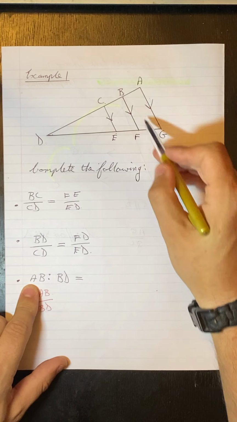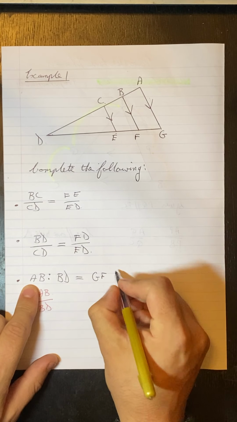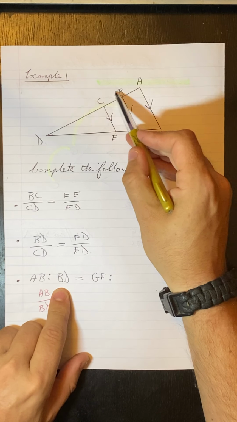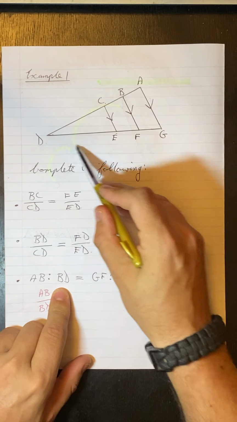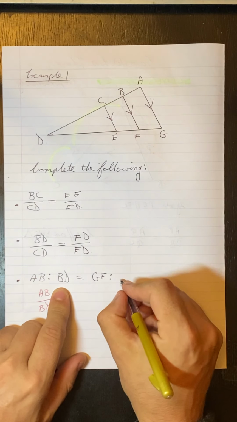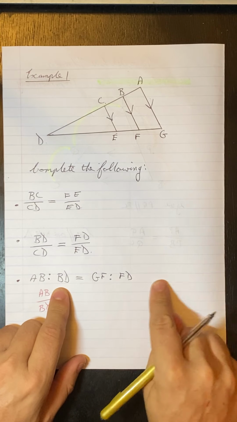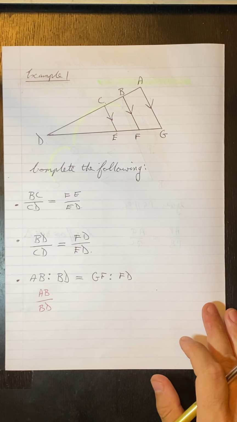So it's going to be AB, GF, and then BD is that whole side there. Come down, it's going to be that whole side there, FD. Okay, reason, line parallel one side of the triangle. Cool. Example 2.